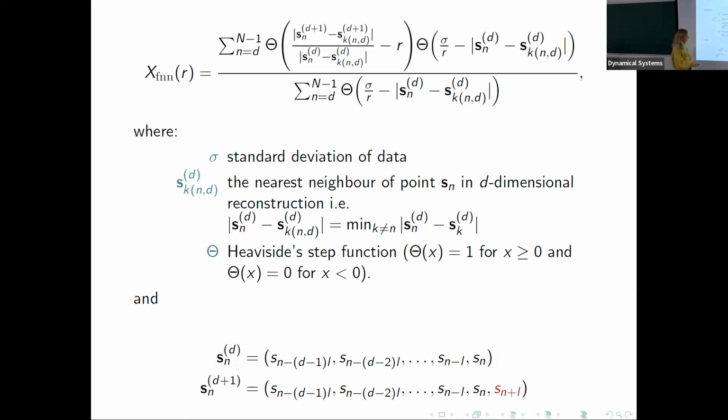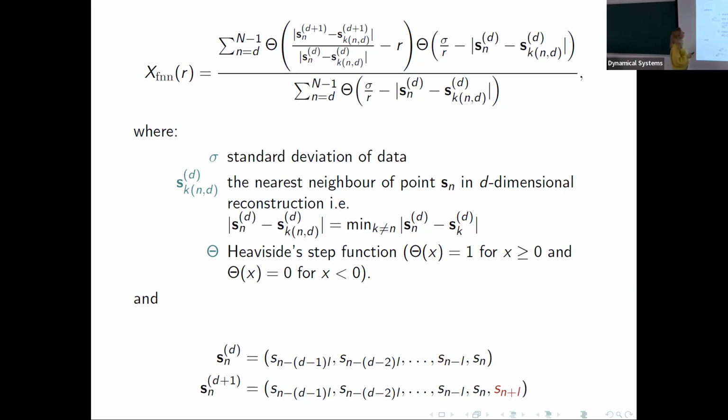And next, I add one dimension, so I look one step forward in the future. Yes, so I take this point and I add this one more coordinate. Here I have a lag L, yes, but it can be 1, it does not matter. And I do the same with this point.